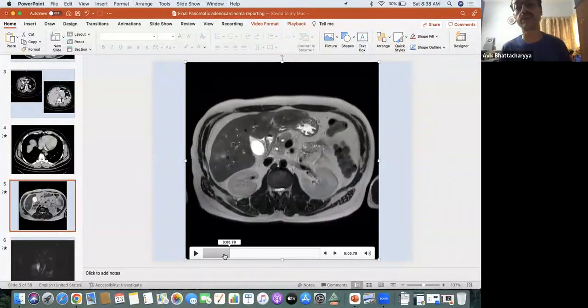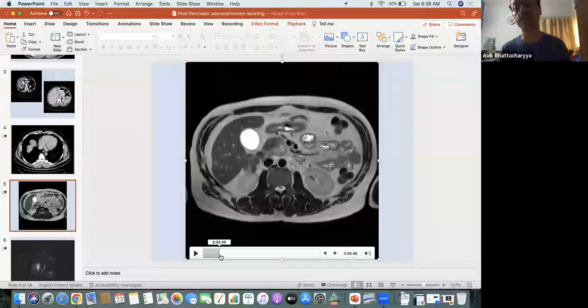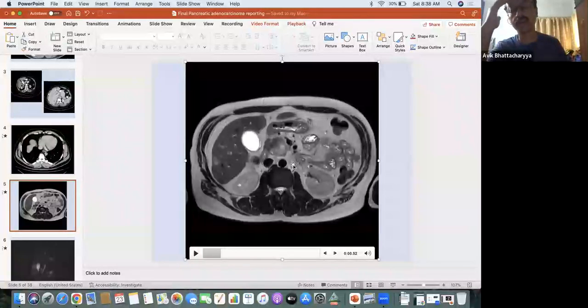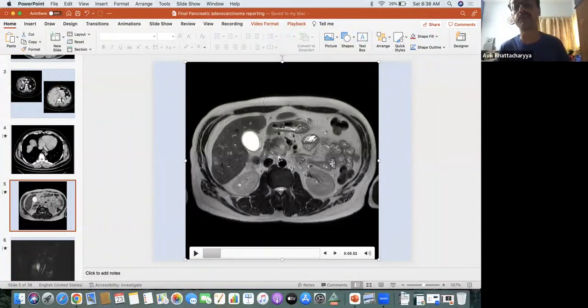And if I go further down, here I could see a mass lesion at the uncinate process of pancreas. See this pancreas shape. If you see many pictures of pancreas, how the size and shape of pancreas is, when you see this image, in 1 second you can say this is a mass in pancreatic uncinate process, because this bulging of pancreatic neck and pancreatic head and uncinate process is abnormal.